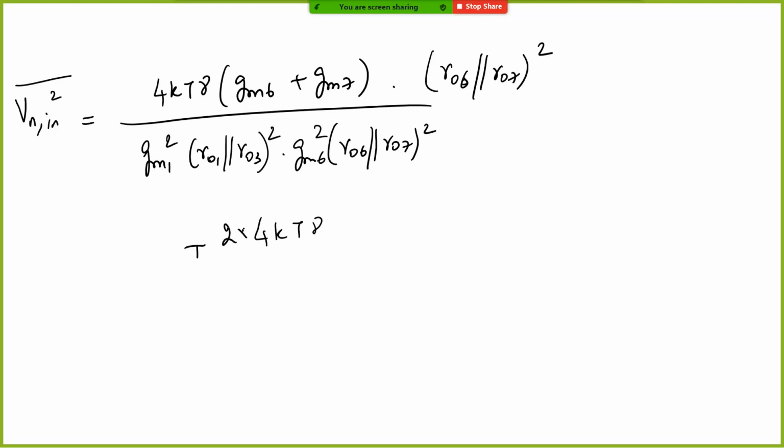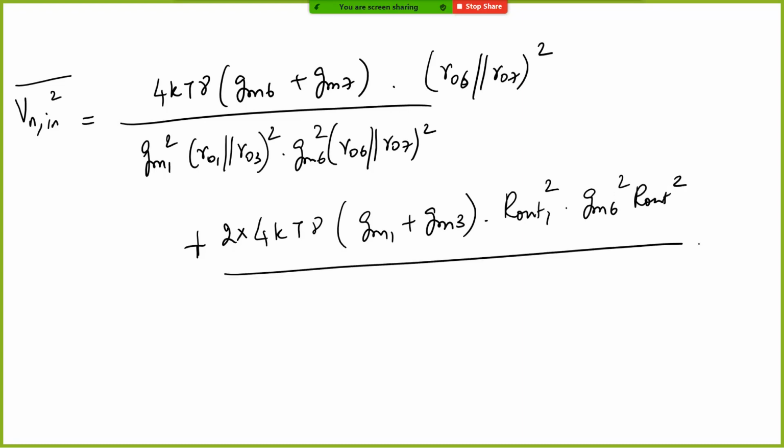So this becomes 2 times 4kT gamma (gm1 plus gm3), into the output impedance, and you basically multiply by the second stage gain, into ro1 squared into gm6 squared ro2 squared, and then divide by the overall gain, which is gm1 squared ro1 squared into gm6 squared ro2 squared.